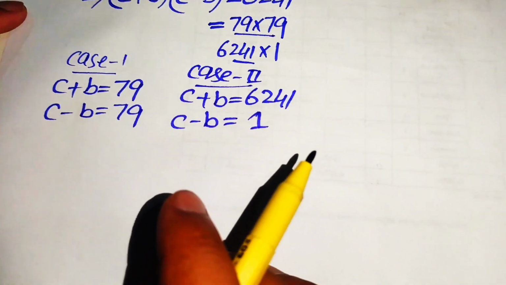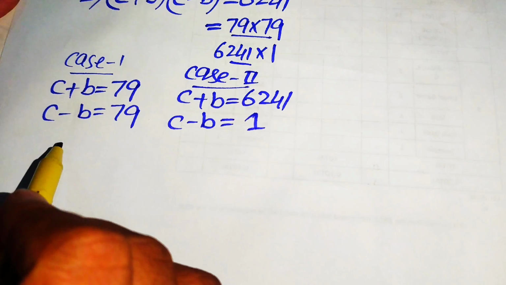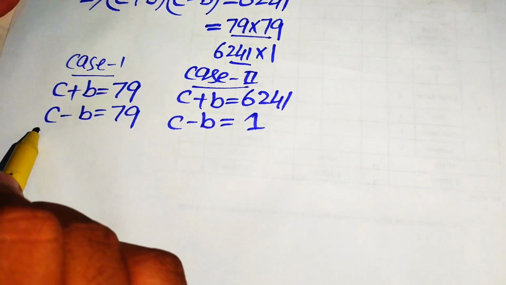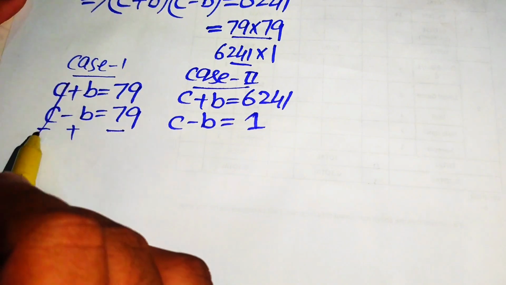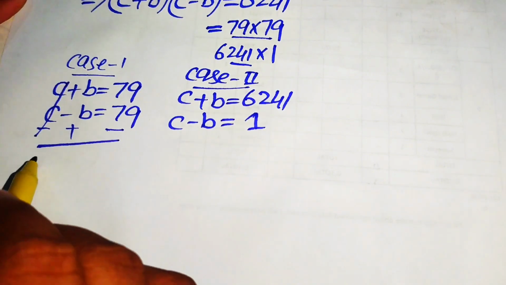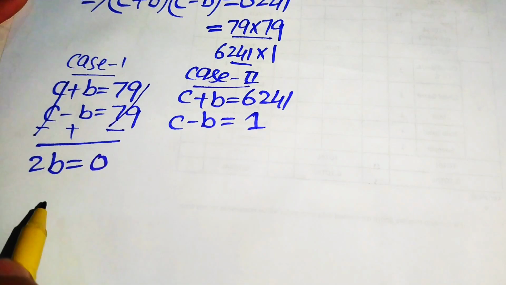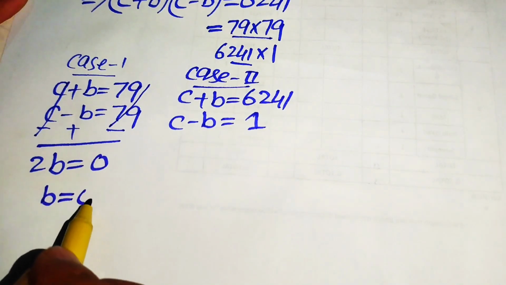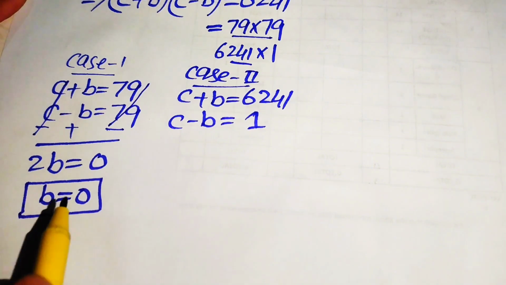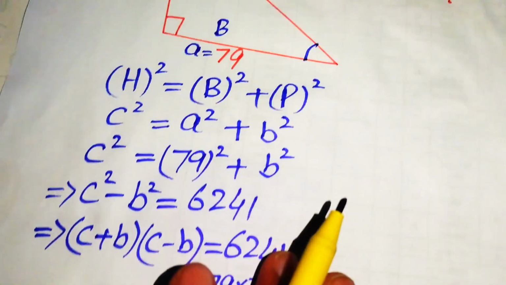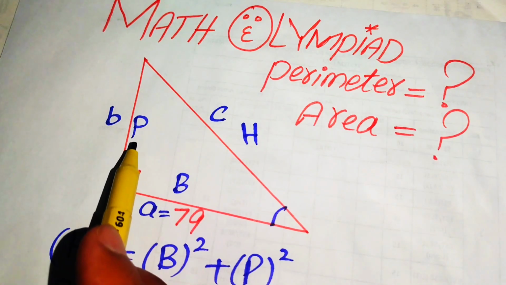First we focus on case number 1. In case number 1, if we subtract these two equations, then the positive and negative c are gone, and we get 2 times b equals, these are also gone, and we get 0. So this implies that b equals 0.